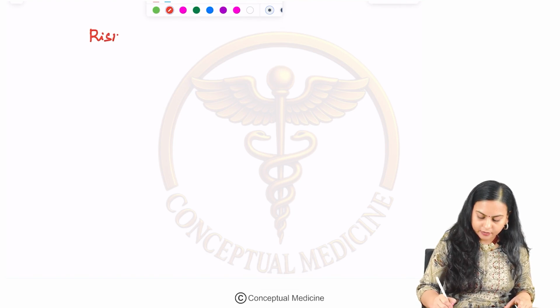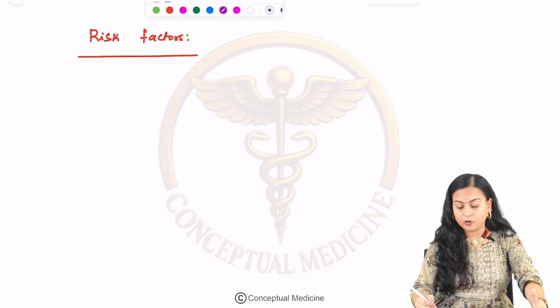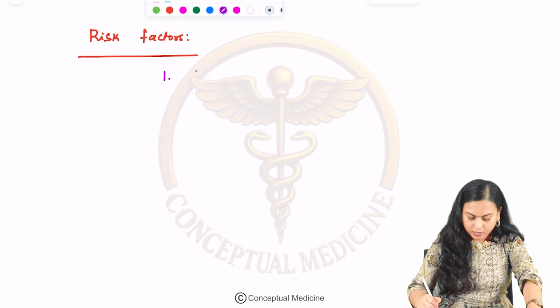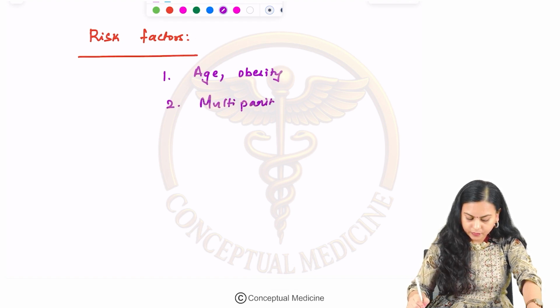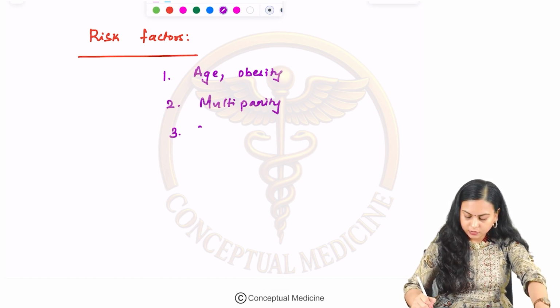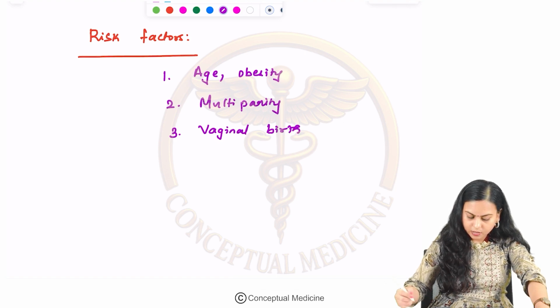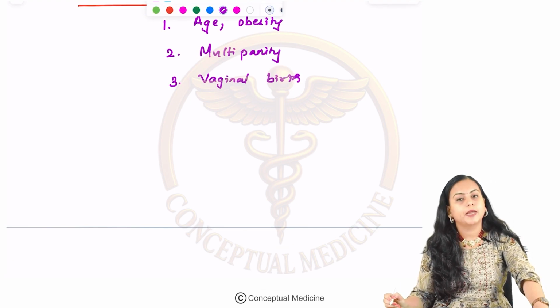So, the risk factors of urinary incontinence, especially stress urinary incontinence, include age, obesity, multiparity, vaginal birth. Why vaginal birth? Because there will be injury to the pelvic muscles.